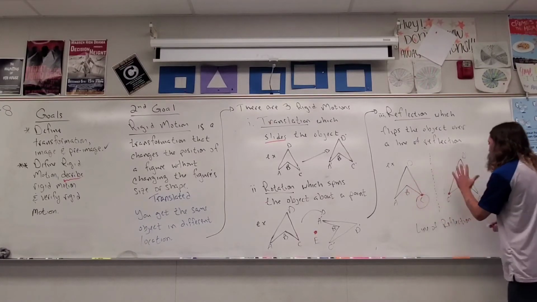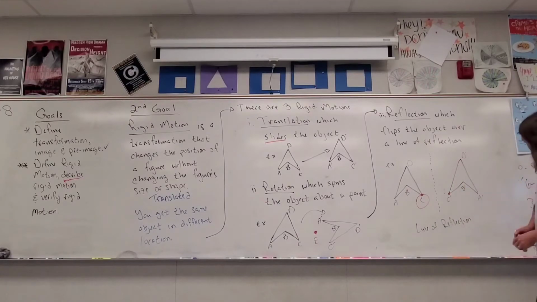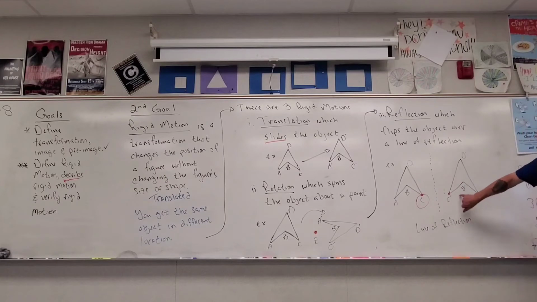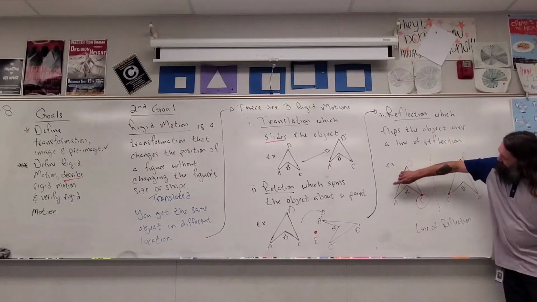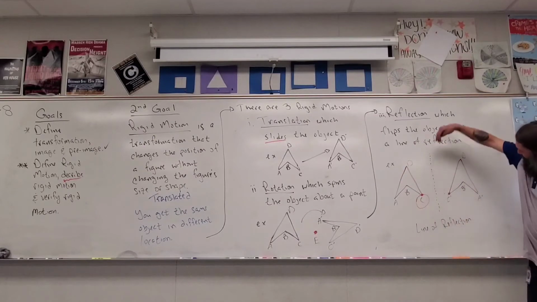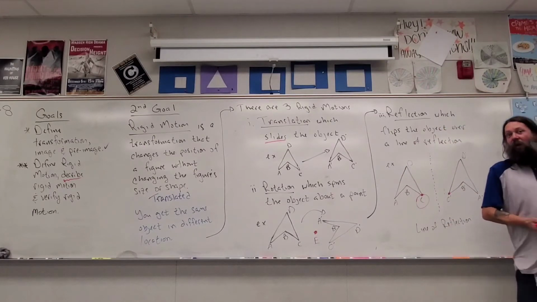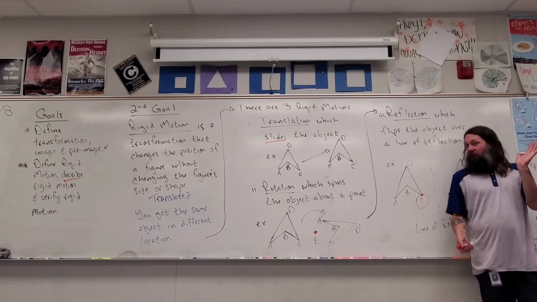So when it flips over, the distance from the line of reflection stays the same. I know this is my image because I have the primes, and this is my pre-image because there's no primes, and this is my line of reflection. The line of reflection can be vertical, horizontal, or diagonal.